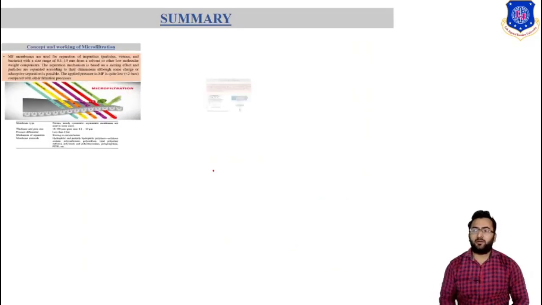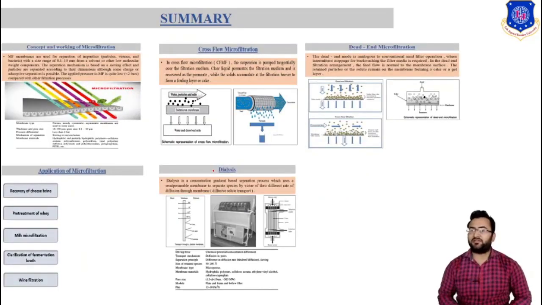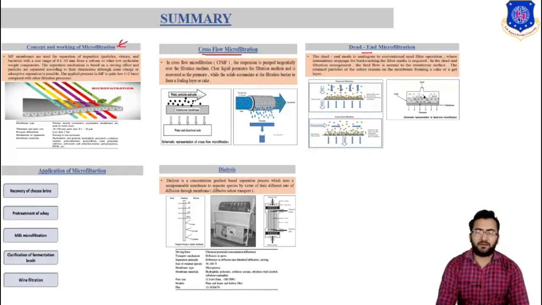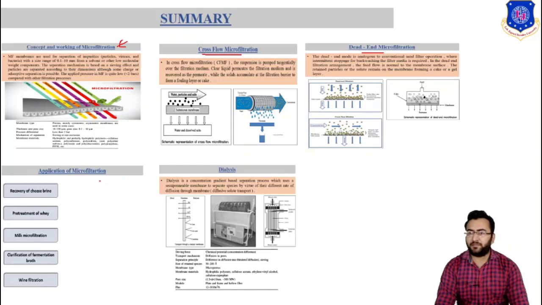So this is all about today's lecture. In this lecture, we talked about the various concepts and working of microfiltration, then discussed cross flow microfiltration and dead end microfiltration, then the application of microfiltration, dialysis and various applications of dialysis.